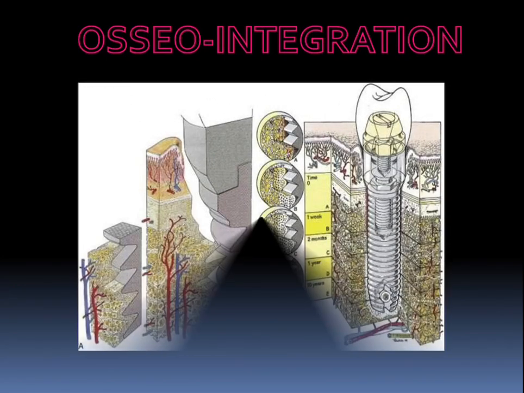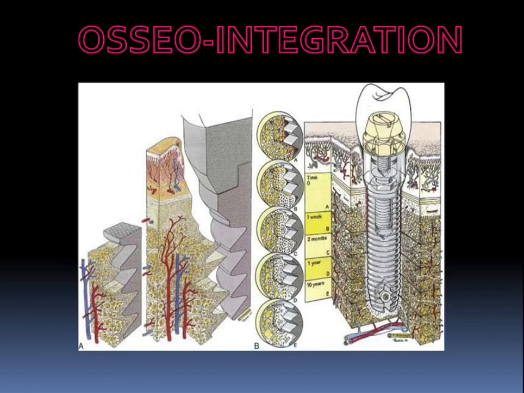Now when I talk about this osseointegration, it is the integration of the bone and the implant. How does it start? When we talk about the success rate of an implant, when we see for 5 years it is about 90%, for 10 years it is about 85%. So this success rate depends on how better the osseointegration of implants with the bone has occurred.